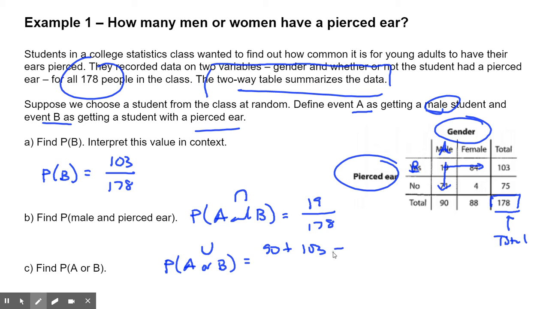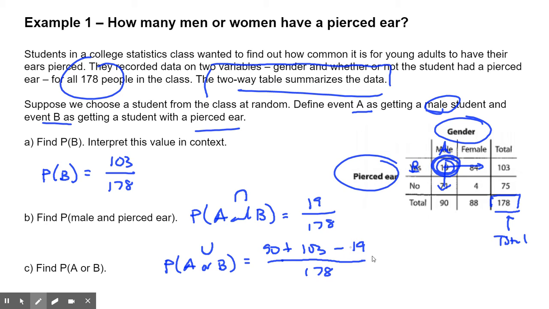But now these two events overlap. There are 19 males who also have their ears pierced. Those 19 are in the 90 and those 19 are in the 103. That can't happen. You need to subtract 19. You need to subtract that group once and divide it by the total.